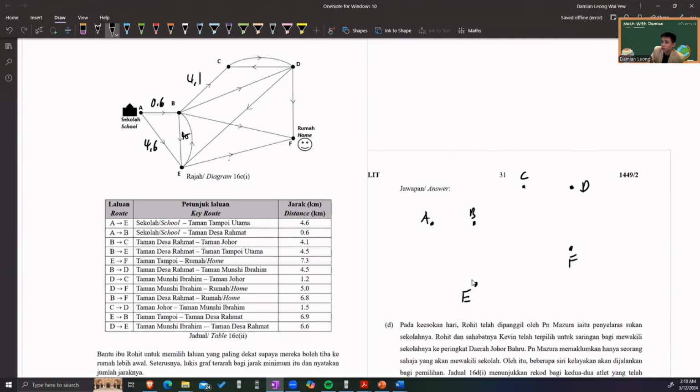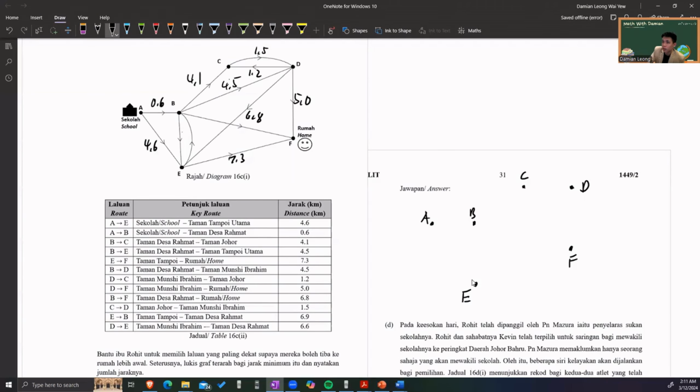EF 7.3, BD 4.5, DC 1.2, DF 5.0, BF 6.8, CD 1.5.